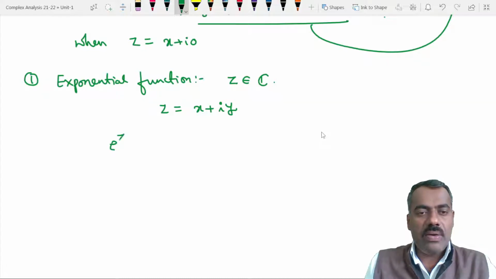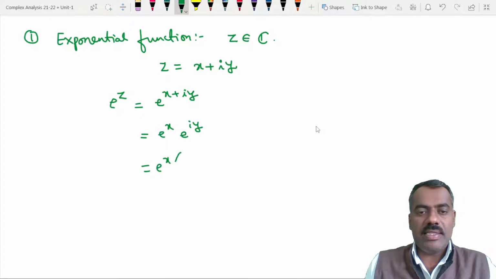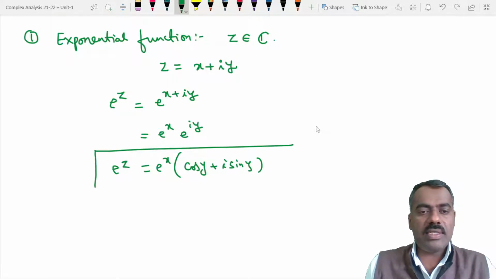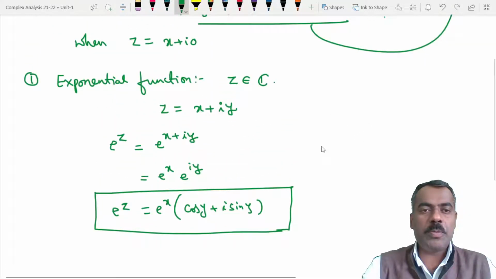So naturally, we can write e power z as e power x plus iy, which is the same as e power x into e power iy. Therefore, by Euler's formula, e power iy is cos y plus i times sin y. So we will define e power z as e power x times (cos y plus i sin y). The exponential function of any complex number z is defined in this way.